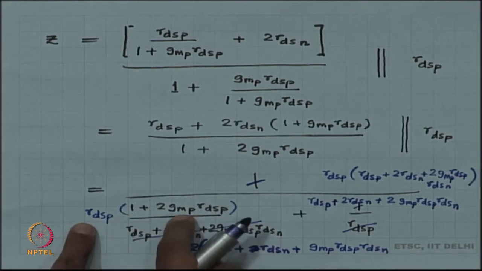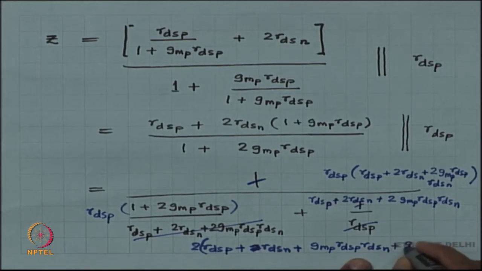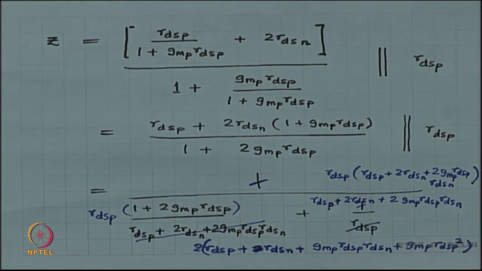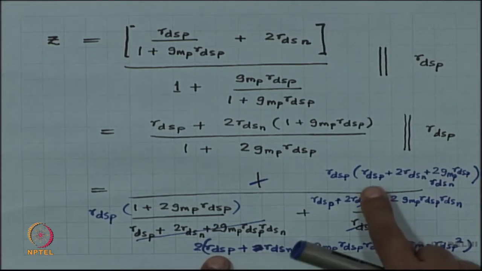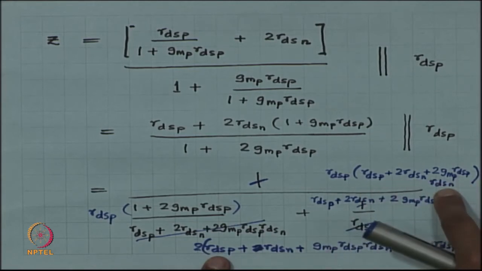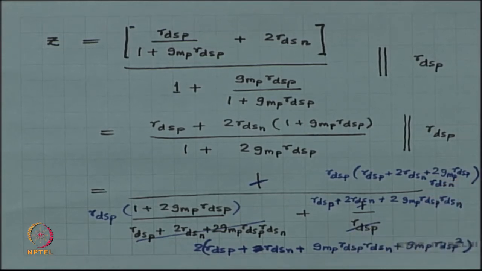And 2 times GMP RDSP squared. Okay. And in the numerator, what do you have? You have got RDSP, 2 RDSN plus 2 GMP RDSP RDSN. Okay. The whole thing times RDSP. Fine. This is pretty much the impedance.